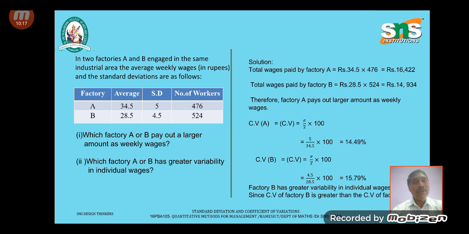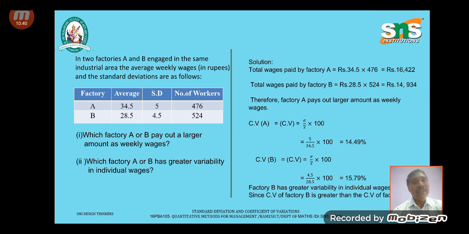Now we consider the problem. In two factories, A and B, engaged in the same industrial area, the average weekly wages and the standard deviations are given below. In factory A, the average wage is 34.5, its standard deviation is 5, and the number of workers is 476.